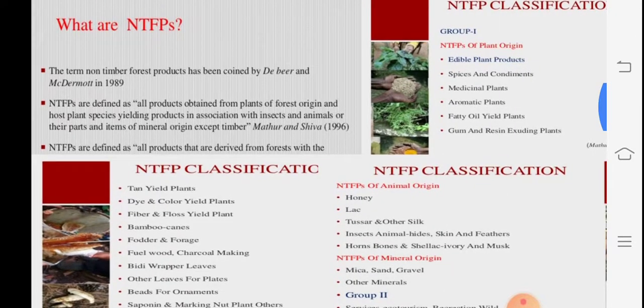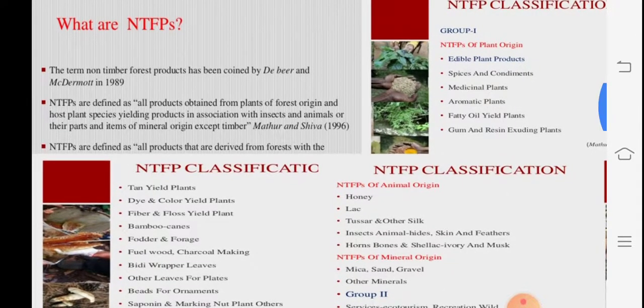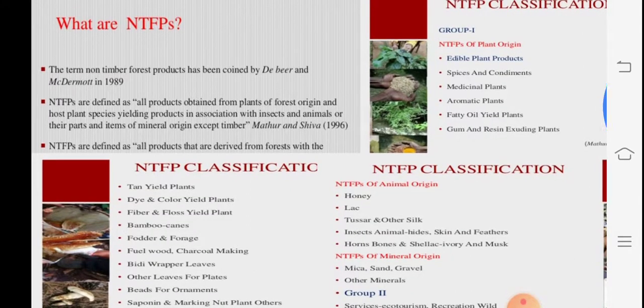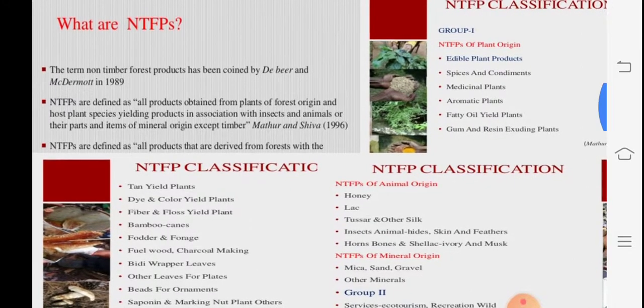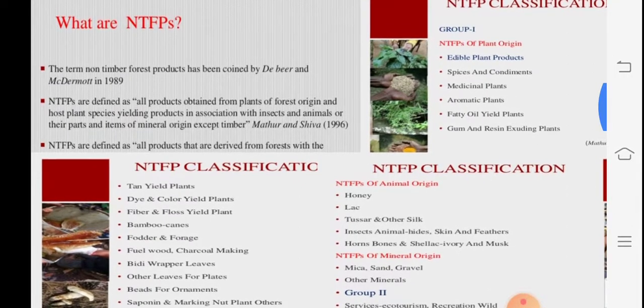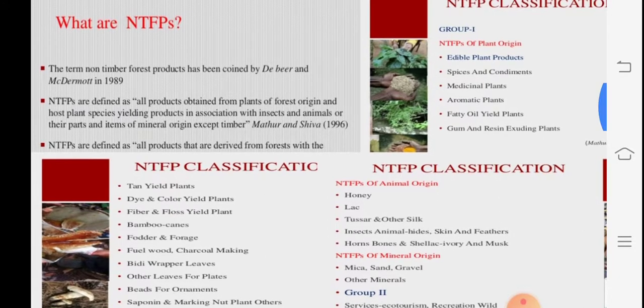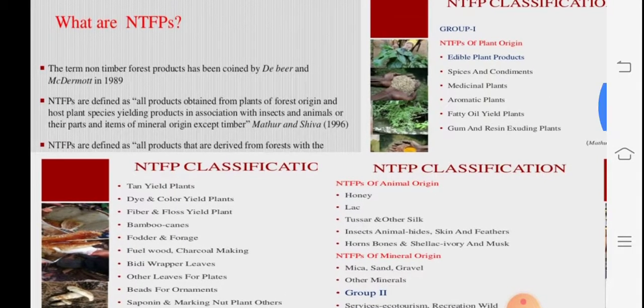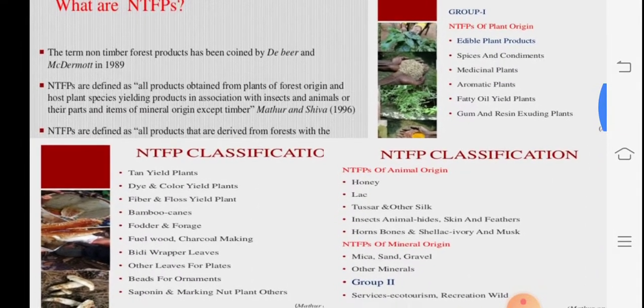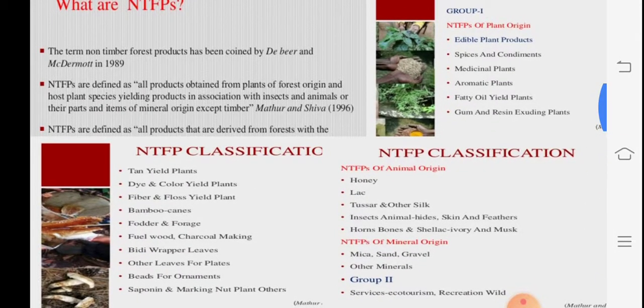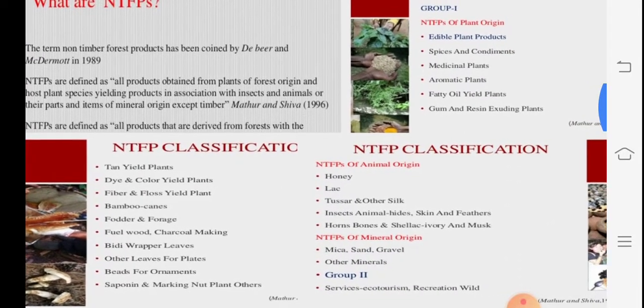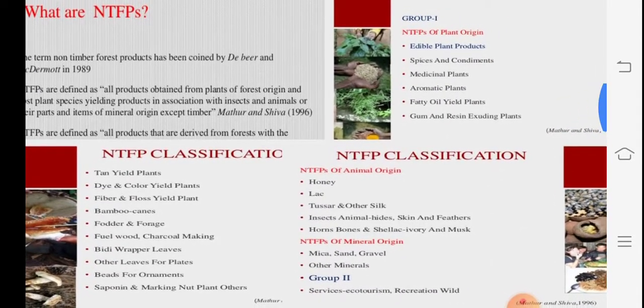The NTFPs are defined as all products obtained from plants of forest origin and host plant species yielding products in association with insects and animals or their parts, and their origin is except timber. So this simple definition is given by Mathur and Shiva. It is also defined as all products that are derived from the forest.